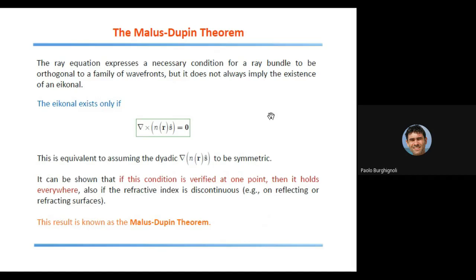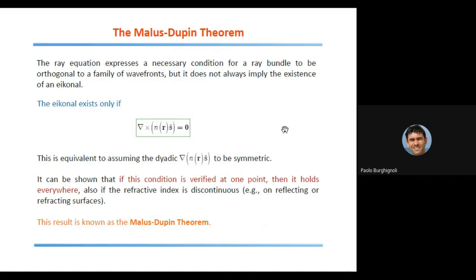For the eikonal to exist, you must also enforce this additional condition, that is, the curl of the product n times s hat must be equal to 0. And it can be shown that if this condition in the box holds at one point, then it holds everywhere. So it's enough to hold at one point, also in the presence of discontinuities of the refractive index.